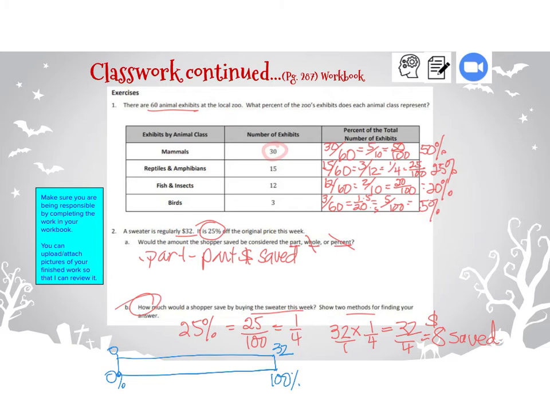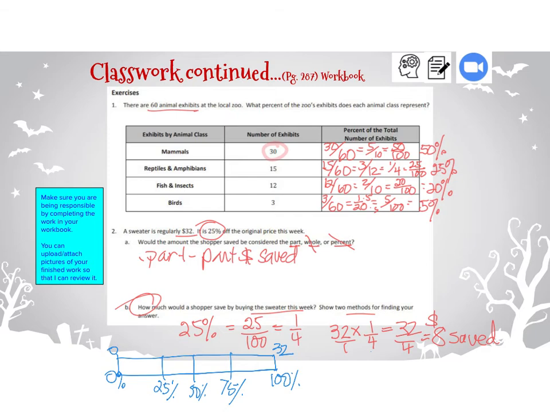And then I'm going to divide it into 4 sections. $1 split into 4 parts, 25%, 50%, and then 75%, 100%. Okay, there we've got our percents.